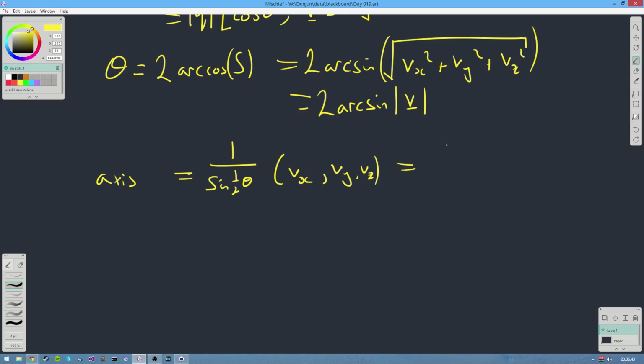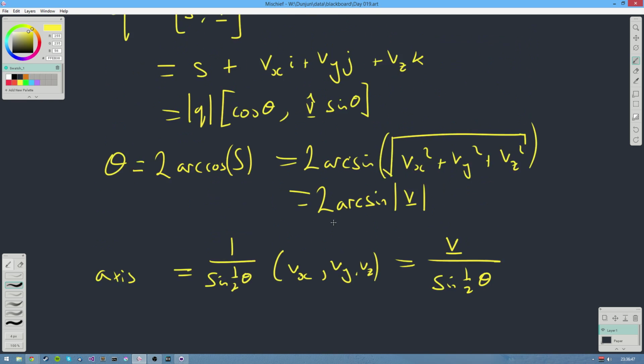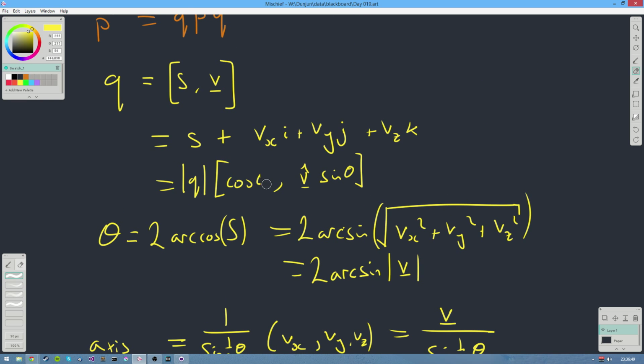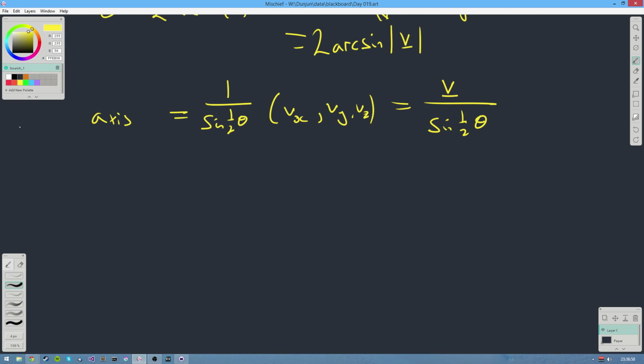So that's also rewritten as v prime over sine of that. Just remembered, we can rewrite the quaternion. It actually has to be a half theta there. So this is what our quaternion is. That's all we need to know.